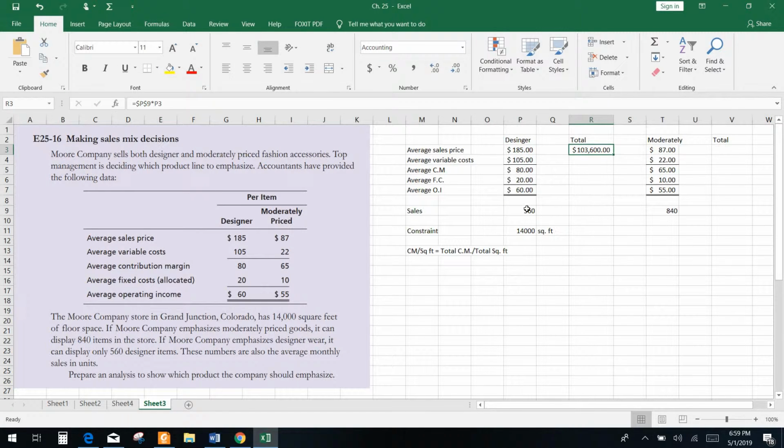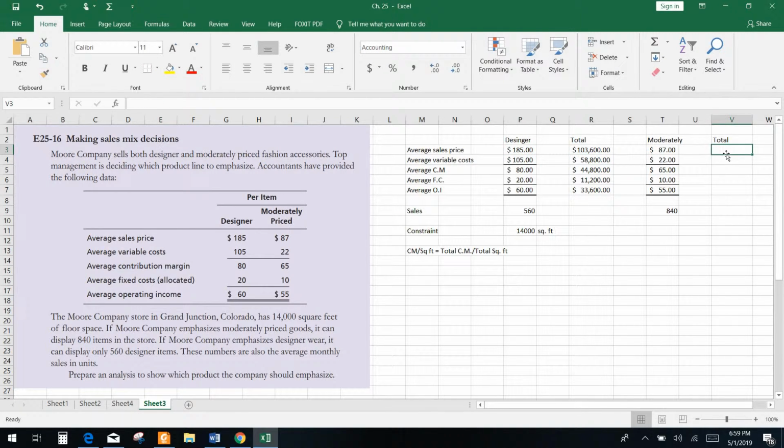If we sell 560 at a price of 185, we're going to have total sales of 103,000. And I can just drag this down to get the same multiplication for all of these. Notice that I locked the cells, and that's why they're all multiplying correctly.